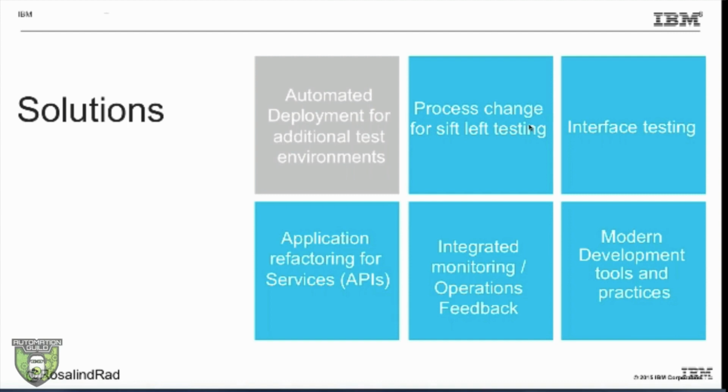Interface testing is another key way that through the API economy and the digital transformation, we can make automated testing easier. By testing at the interface level, we can make sure that we have the testing we need of those APIs and can allow other organizations or other parts of our own organization to use those services.